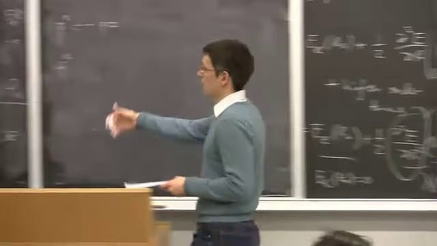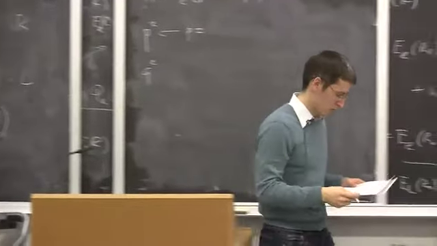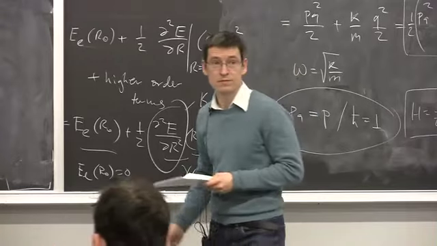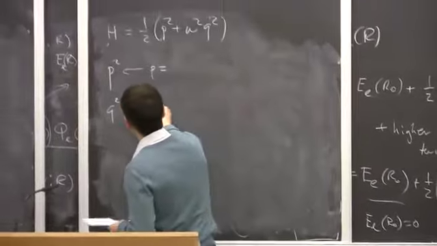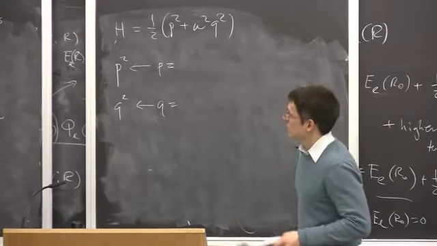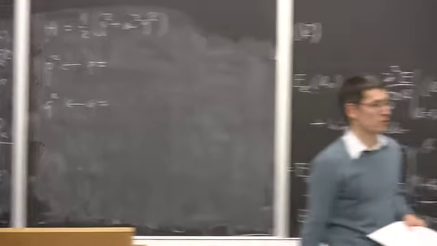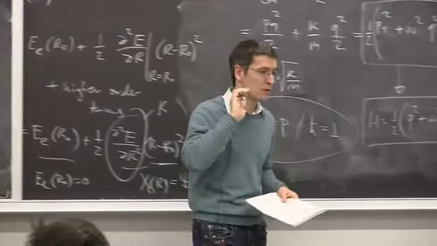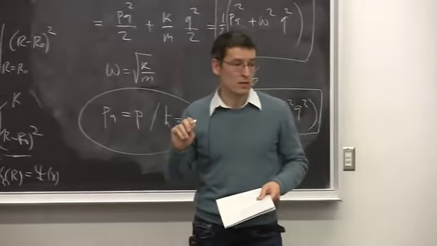If someone gives you B and B dagger, can you give me P and Q out of that, those expressions? Which one is the easiest? Q. How do you get Q? Say it louder, please. B dagger multiplied by B.